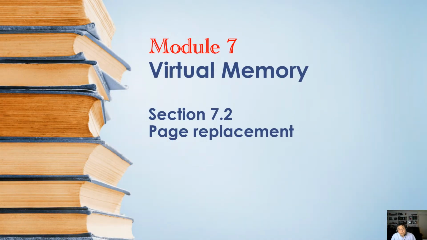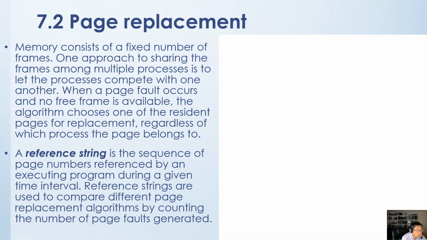Now in section 7.2, we're going to talk about the page replacement algorithms. Using paging, we know that a process is going to be measured using the number of pages. So a process is divided into pages.